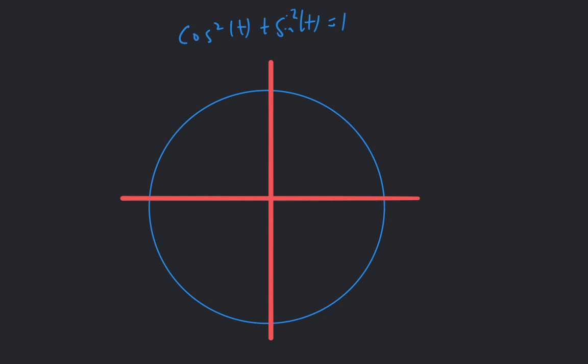Simply, we can say A, S, T, C. This is the region where the graphs are positive. This is all, this is sine, this is tangent, because a negative divided by a negative is positive.